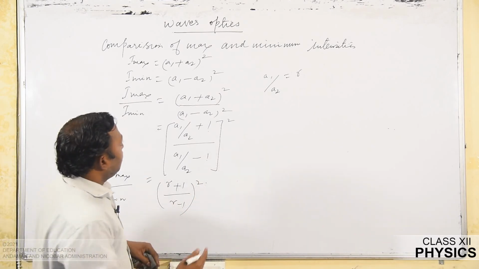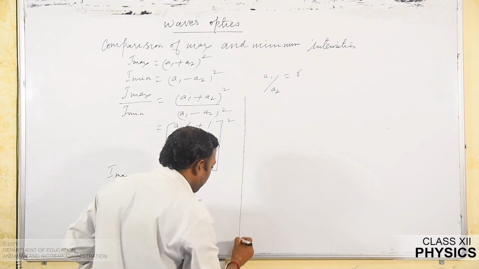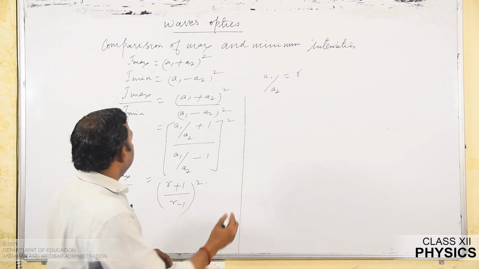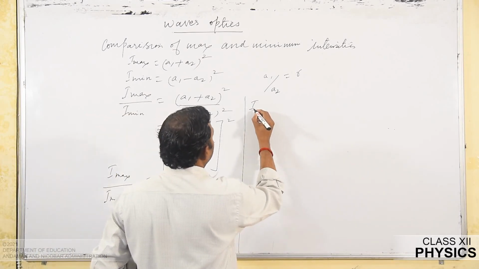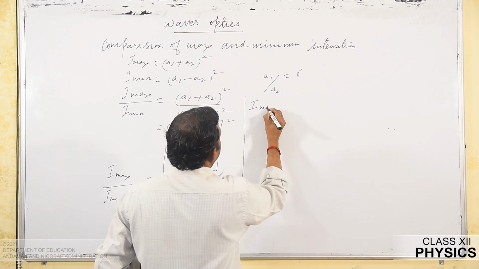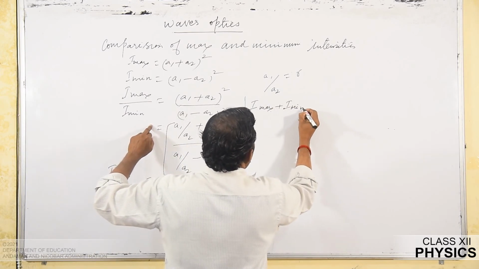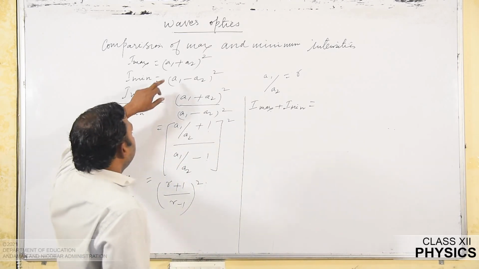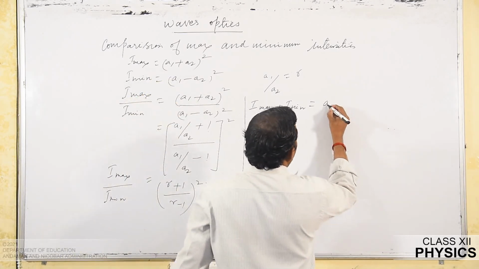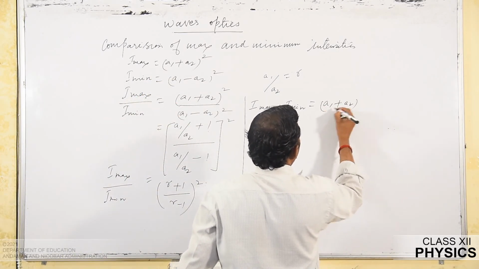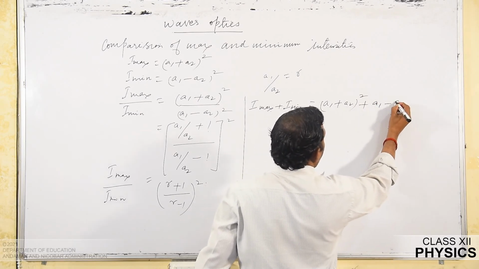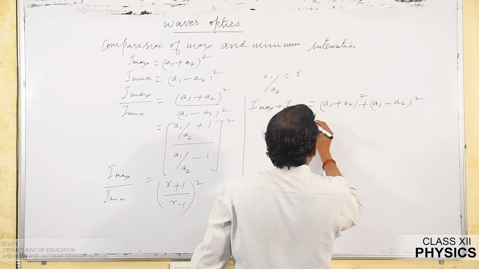Now further we will find some more relations, that is let us find the value of I maximum plus I minimum. So I maximum plus I minimum will be equal to a1 plus a2 whole square plus a1 minus a2 whole square.